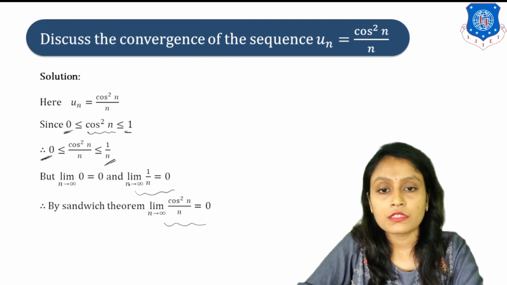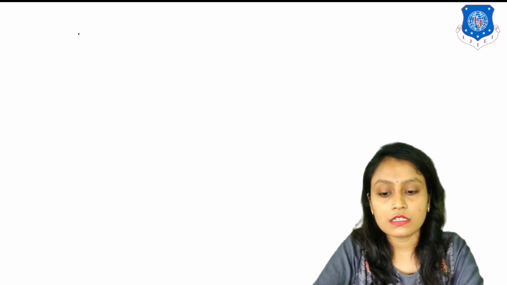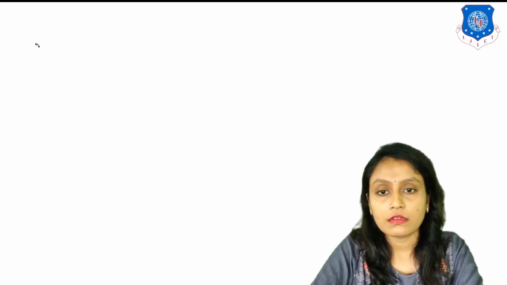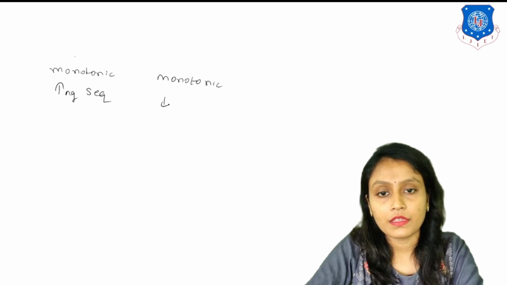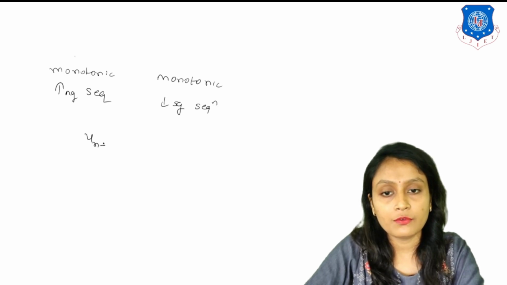Okay, so what we have discussed in all, that monotonic increasing sequence and monotonic decreasing sequence, right? So for that what we have to do, we have to find this un plus 1 minus un.